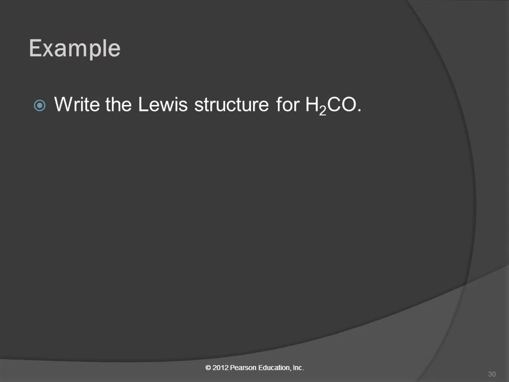Let's do H2CO. So we have to figure out how to arrange these guys. A lot of times the formula is going to give you a clue, by the order. So how could we put these together?